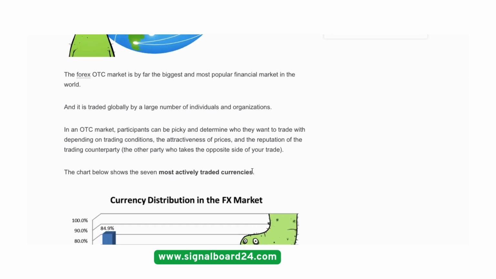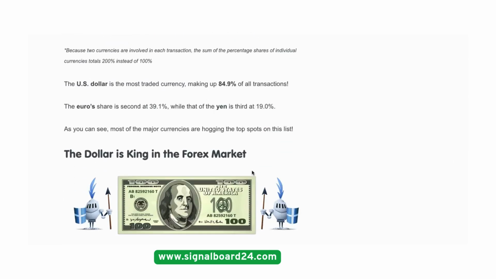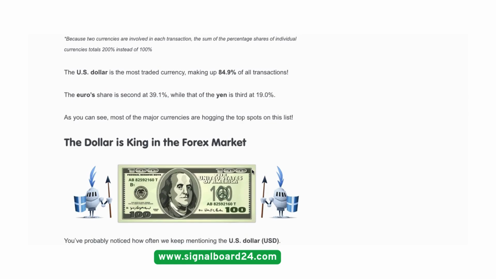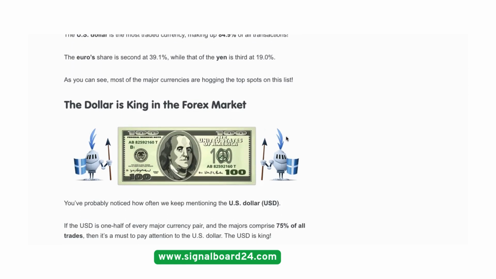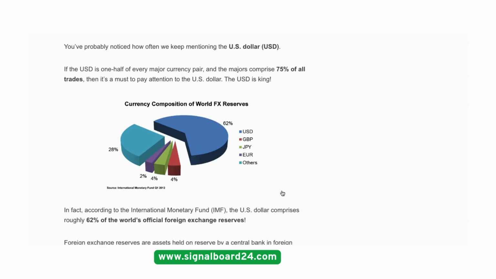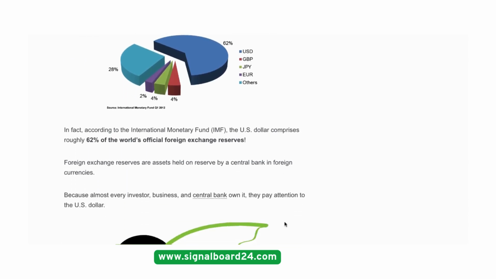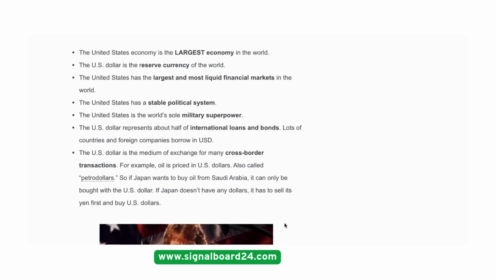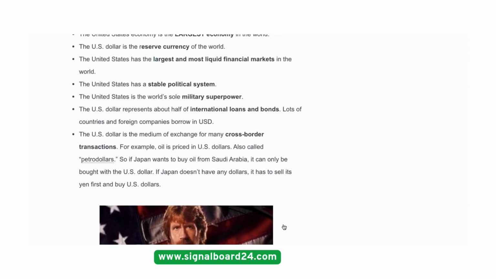Right. The way the currencies are distributed, you need to understand the US dollar is the king. The US dollar moves the market because it's the most traded currency. When people trade currency pairs, they usually trade currencies with the US dollar. This is related to the largest economy, because the United States is the largest economy, and the dollar is the reserve currency of the world.